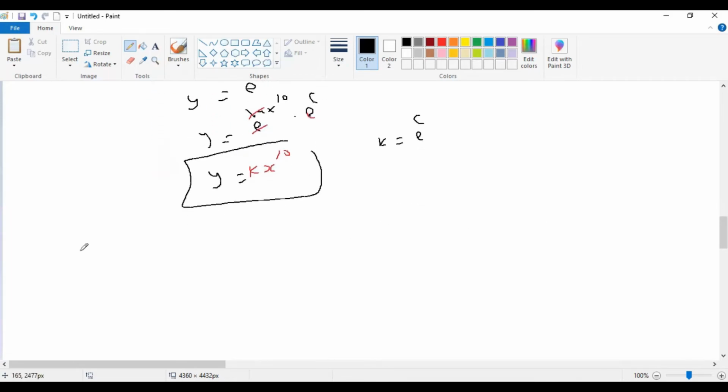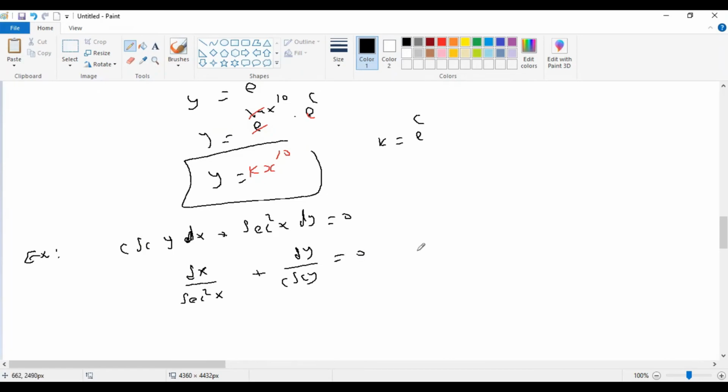Okay, another example. If I have, for example, cosecant y dx plus secant squared x dy equal to 0. Also, I can separate the variables. I divide dx by secant squared x, and dy by cosecant y, which is equal to 0.